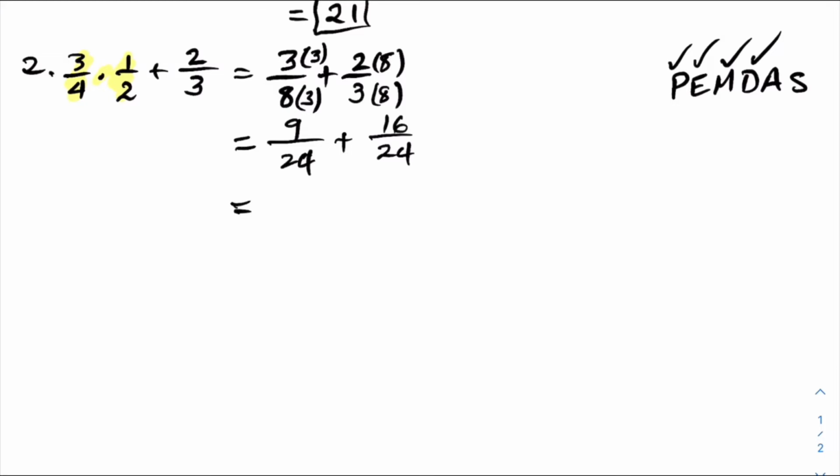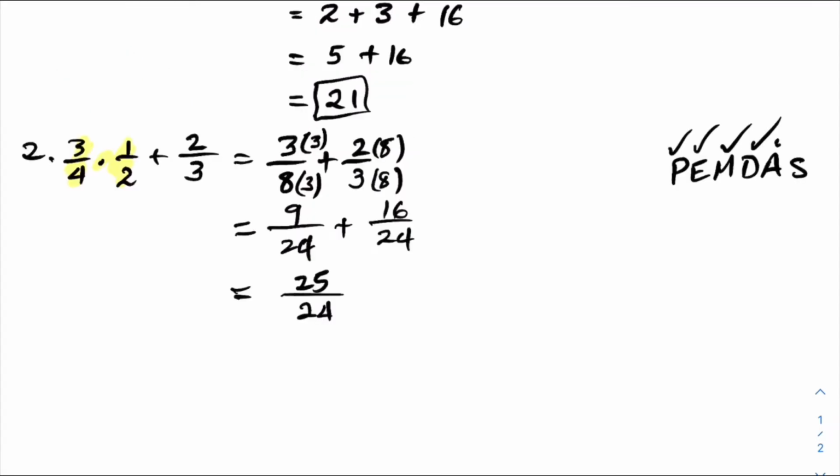Since the denominator is the same, we can combine the two fractions into one, adding the numerators. 9 plus 16 is 25. The addition is complete. There is no subtraction, and we are done. And 25 over 24 cannot be simplified, therefore that will be our answer.